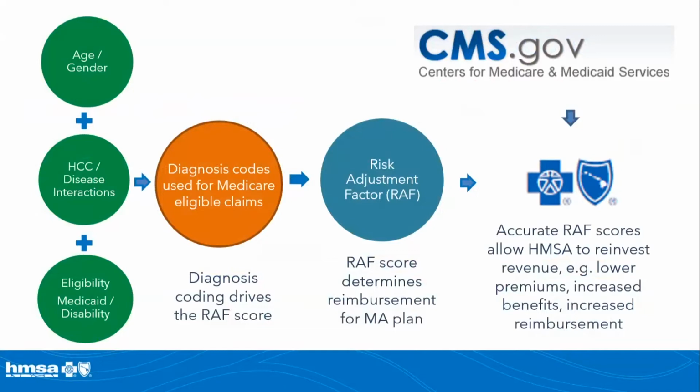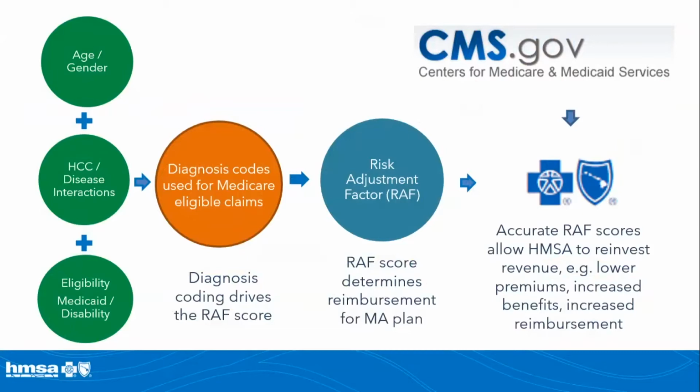The RAF score determines the reimbursement from CMS to the Medicare Advantage organization. If the proper documentation is found to be missing, CMS would do a take-back. This is how accurate documentation helps the MAO retain reimbursement from CMS, and that reimbursement is passed on to providers via their reimbursement.